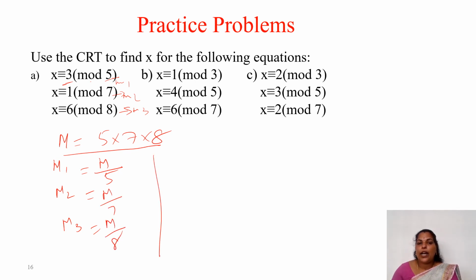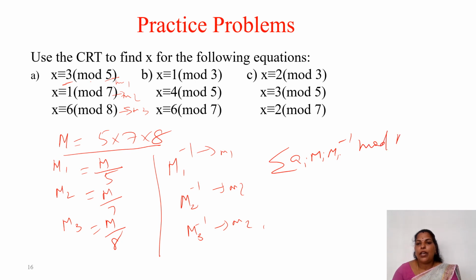Then we find M1 inverse, M2 inverse and M3 inverse with respect to m1, m2 and m3. Then we find the summation of ai Mi Mi inverse mod M. This is the simultaneous equation solution.